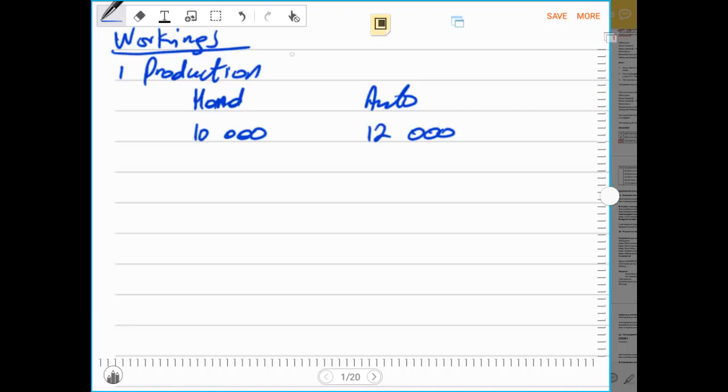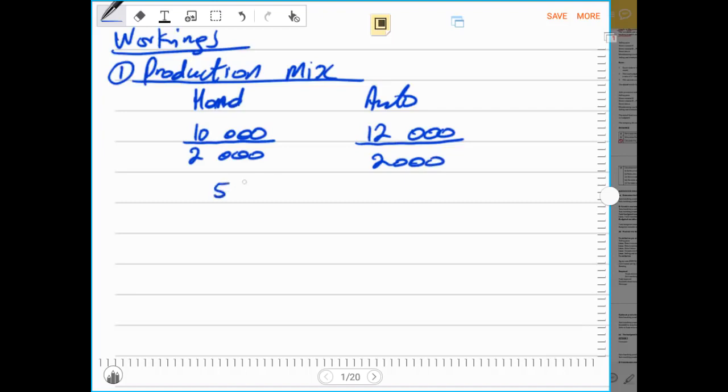So when we are calculating production mix, which is our first workings, we look for the common denominator, of which 2,000 does go into 10,000 and it goes 5 times, and also 2,000 does go into 12,000 and it goes 6 times. So our production mix will be 5:6, meaning for every 5 units of hand washing powder that are manufactured, 6 units of auto washing powder are also manufactured and sold. So that will be the production mix.